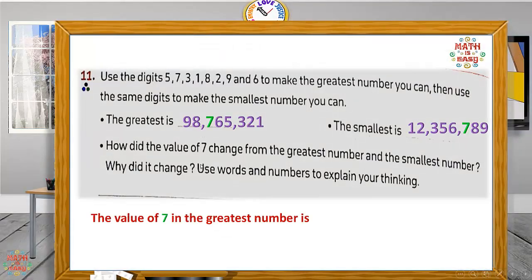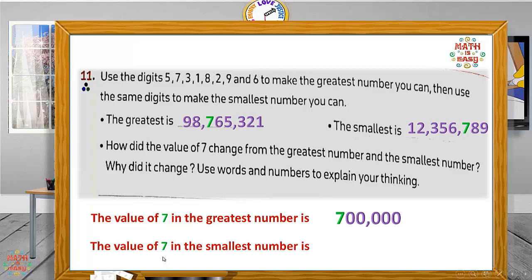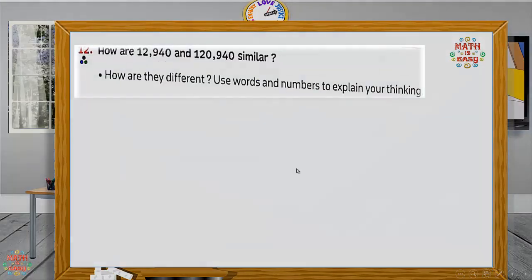We can say the value of 7 in the greatest number is 700,000, and the value of the 7 in the smallest number is 700. So you can say the value of digit 7 changes according to its place. If 7 is in the thousands place it equals 7,000, if 7 is in the hundreds place it equals 700.